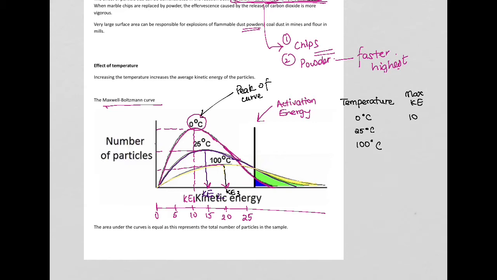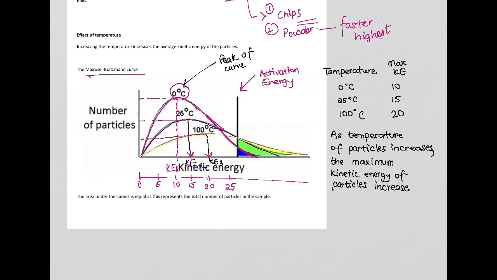At 25 degrees Celsius, the maximum kinetic energy is at 15. And for 100 degrees Celsius, the maximum kinetic energy is at 20. So as temperature increases, the maximum kinetic energy of the particles increases, which is in line with what we have learned, that as temperature increases, particles move faster.